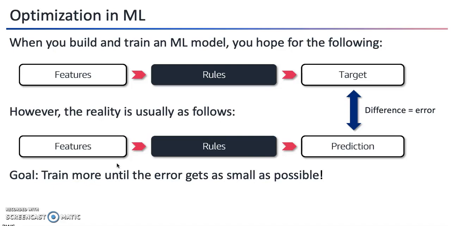What we see here on the top is we have features. The features are subject to some rules, and then the rules would lead to a target, or perhaps observed is more precise.